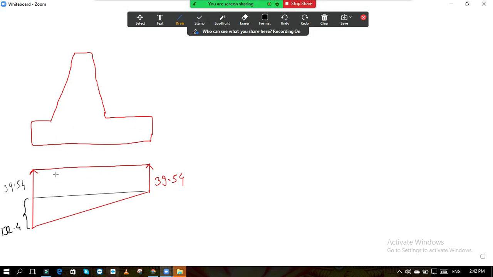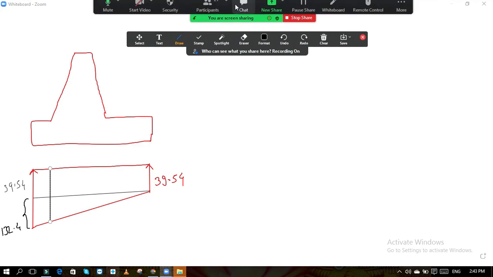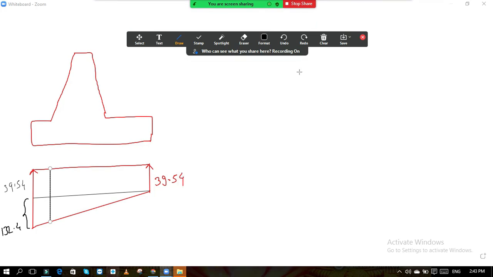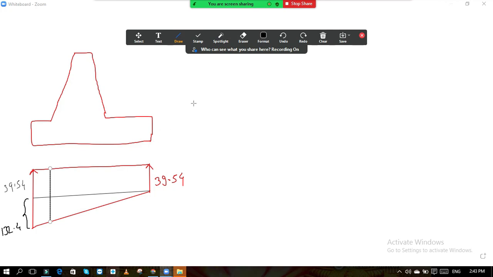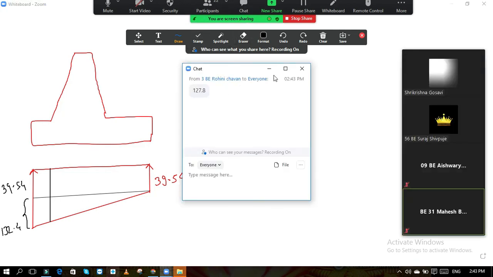This below C, if you see here below C, this total ordinate we have calculated, and value of that ordinate was, what was the value? It was 127 point something, no? Let me know the values, fast type the values. 39.54 and then 127.8.